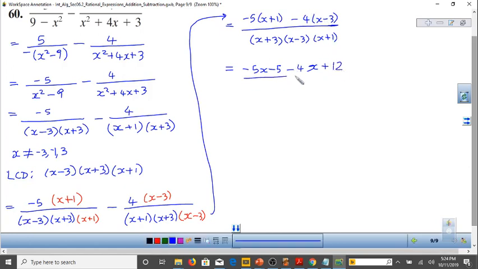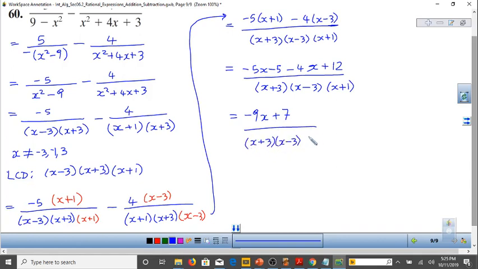The denominator is x plus 3 multiplied by x minus 3 multiplied by x plus 1. Negative 5x minus 4x is negative 9x, and negative 5 plus 12 is 7. This doesn't factor, so we leave the denominator and the numerator as they are, with our restriction that x is not allowed to be negative 1, positive 3, or negative 3.